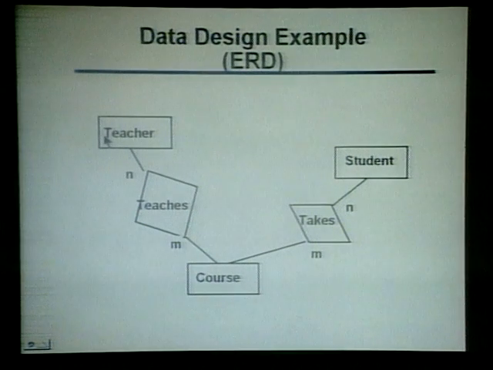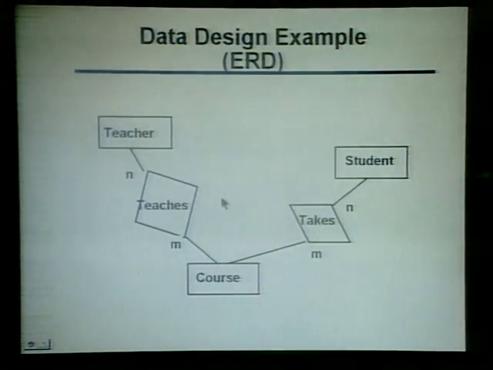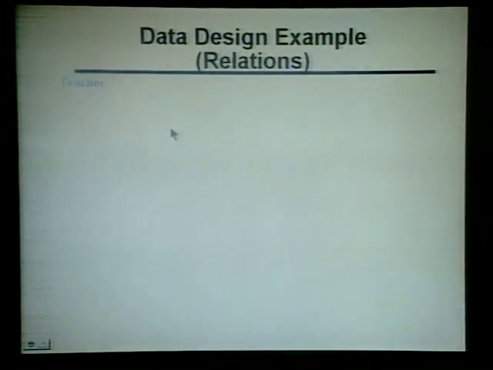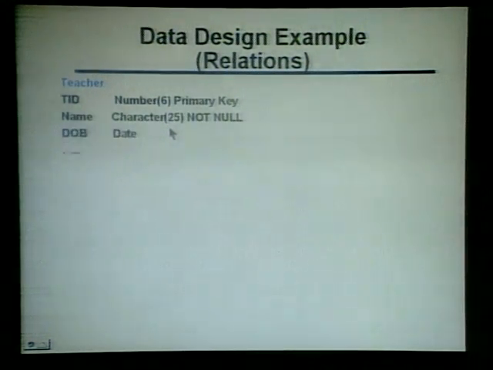We have only three entities: teacher, students, and courses, and some of the relationships are also shown in this diagram. Now, we have very elaborate methods which can be used to transform or map the ER diagram into data model. We used one such method to obtain these tables from the ER diagram.